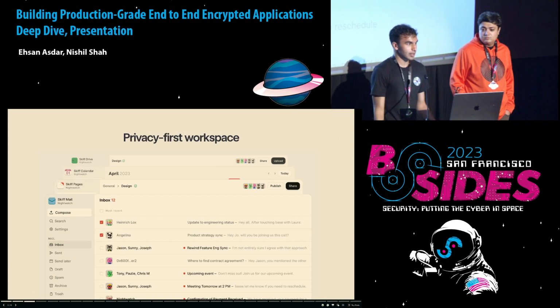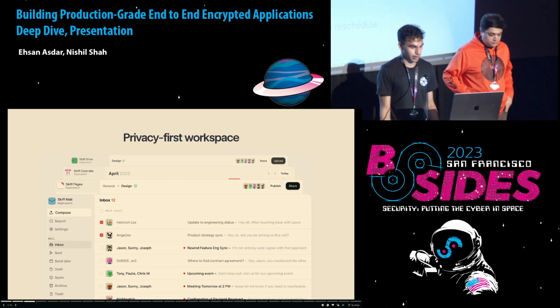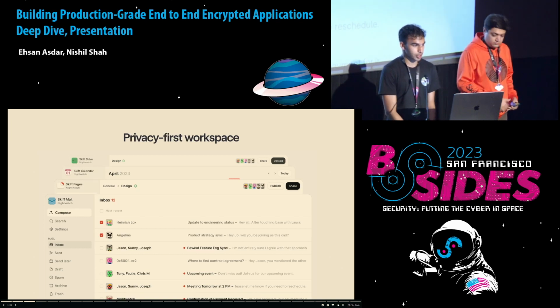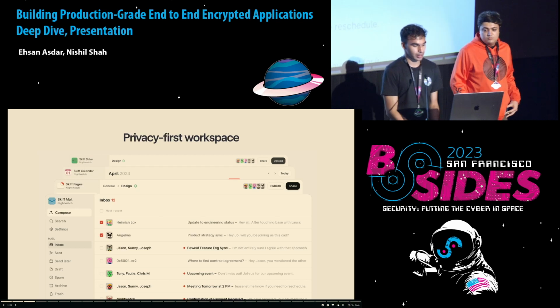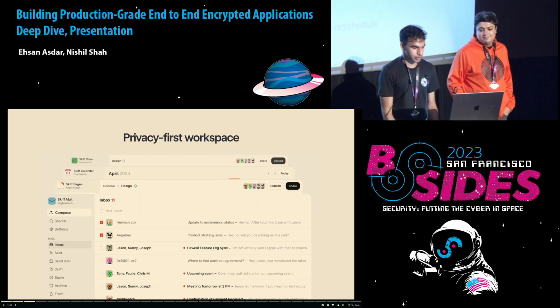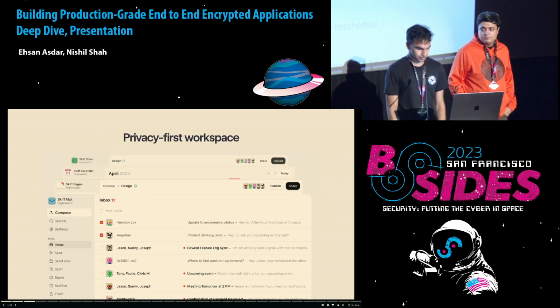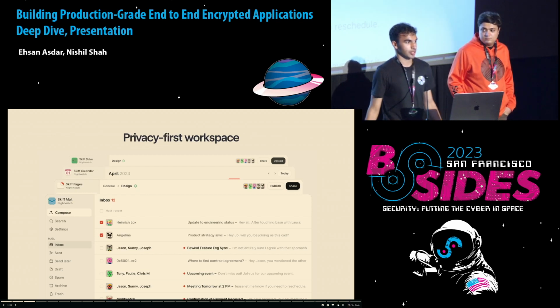We have a suite of products for workspace collaboration: Skiff Mail, an end-to-end encrypted email platform, Skiff Pages for real-time document collaboration, Calendar, and Drive, which is end-to-end encrypted file storage. You can imagine a lot of teams, businesses and individuals use Skiff to work on their most sensitive research or projects. I lead the development of Skiff Mail and Skiff Calendar, and Nishil is director of security across the entire product suite.